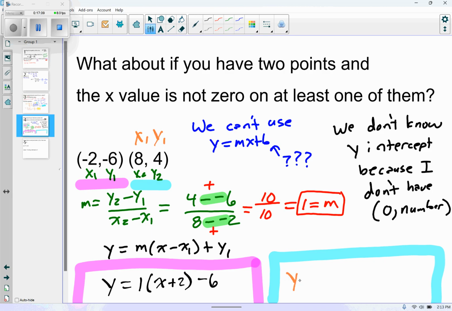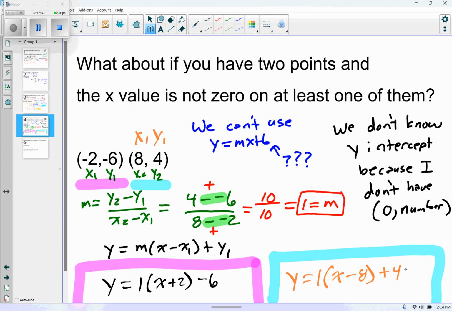So I'm going to get y equals, slope is x minus 8 plus 4. Okay. Now here's kind of the silly thing in math. Because you've been told in math for a long time, there's one correct answer. This answer is 100% correct. This answer is also 100% correct.